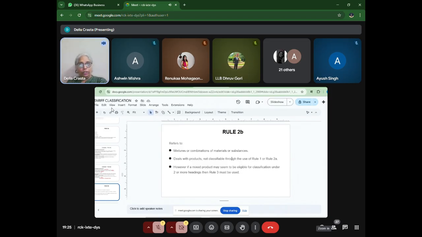So it's a mixture or a combination, that is the form of the product. It deals with products which are not classifiable by applying Rule 1 or Rule 2a. So mixtures and combinations, you cannot fit in Rule 2a, because in 2a the form of the article is totally different from the mixture or combination which you are having. So 2a cannot be applied.